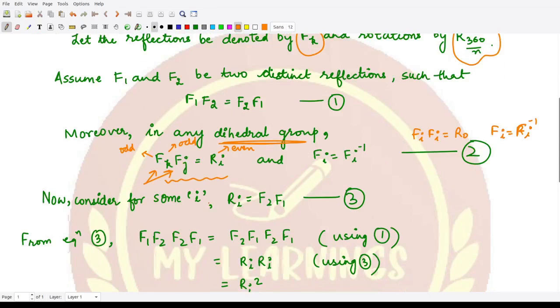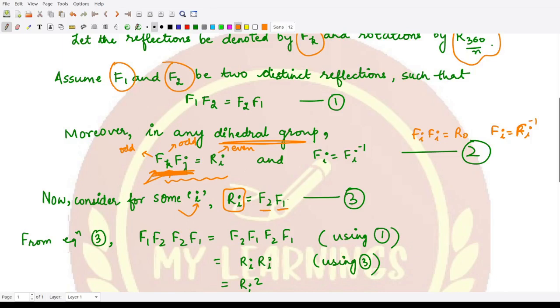Thereafter, because there are so many reflections and so many rotations, we fix the index i. For this index i, our rotation Ri would be equal to, for some fixed i, F2 F1, which are the two reflections given to us in the question. Let's mark this as equation 3.